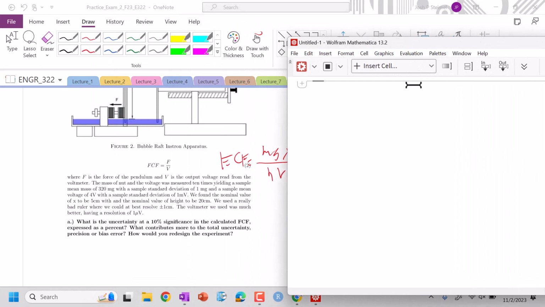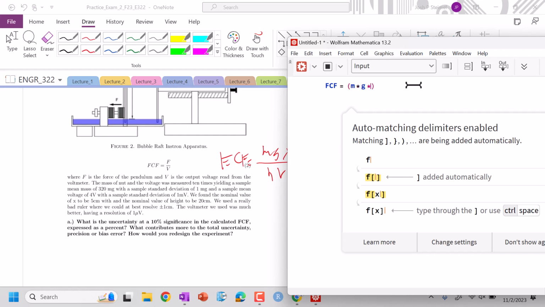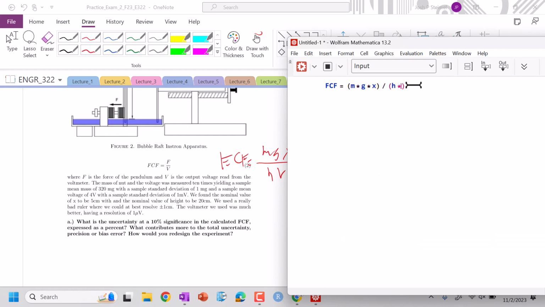So our FCF is equal to m times g times x divided by h times v. We're told that the mass of the nut was measured 10 times. So nm, number of mass, is equal to 10.